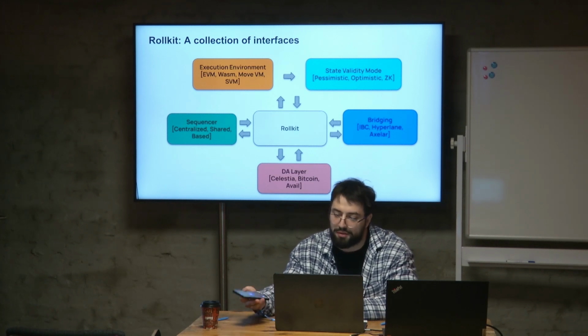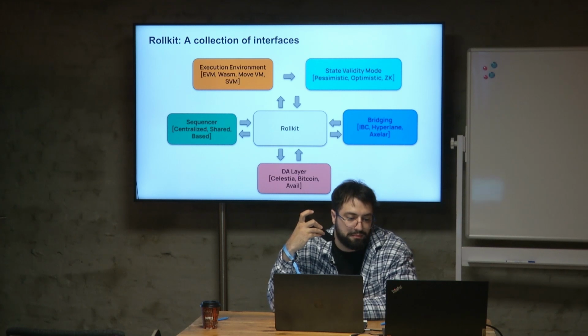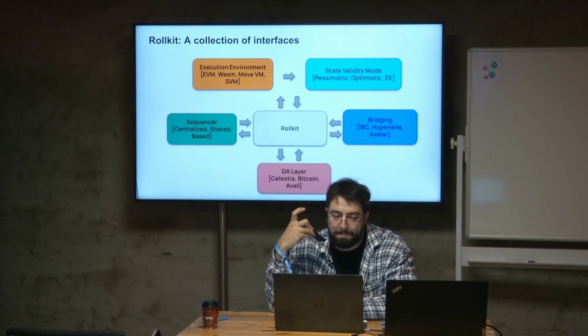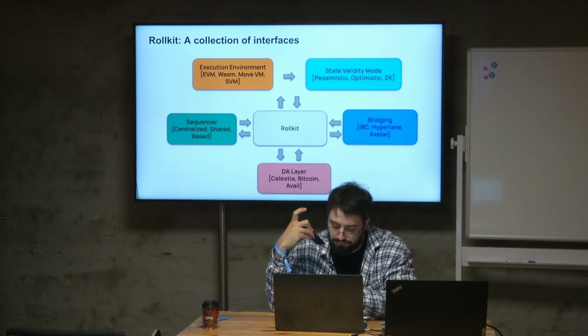Mana, do you want to add something? I would add that currently, for the state machine, anything that uses Cosmos SDK can use Rollkit. Right now Cosmos SDK is mostly used with Comet BFT, but you can think of Rollkit as a kind of drop-in replacement for Comet BFT, which turns your application into a rollup.